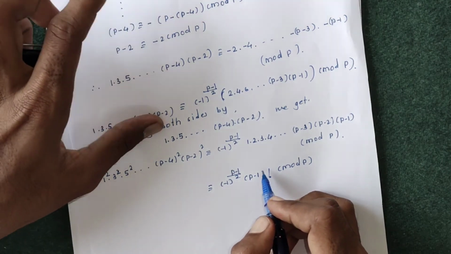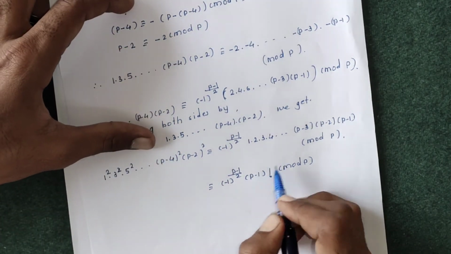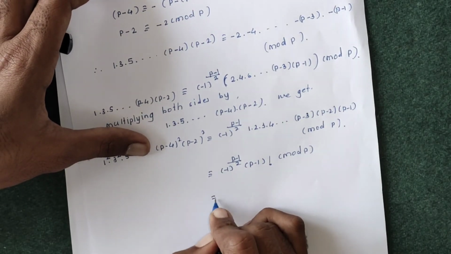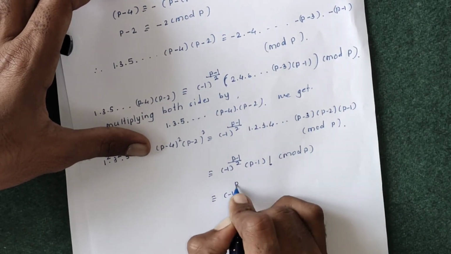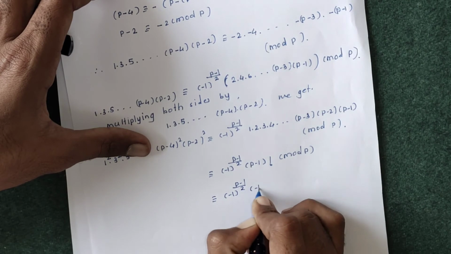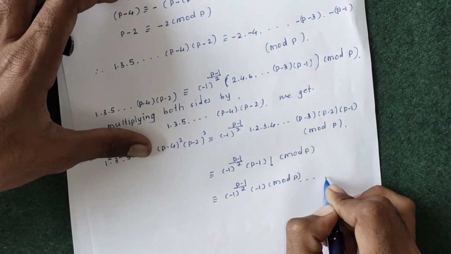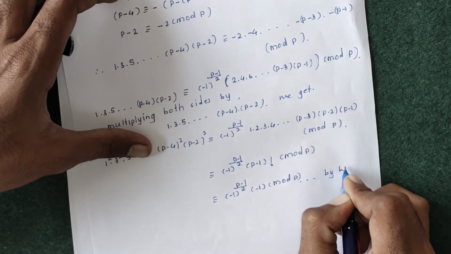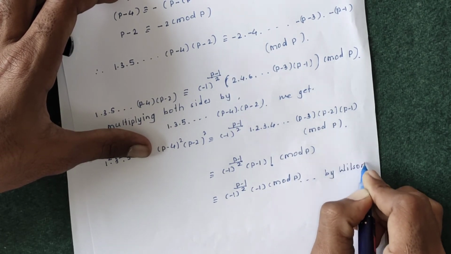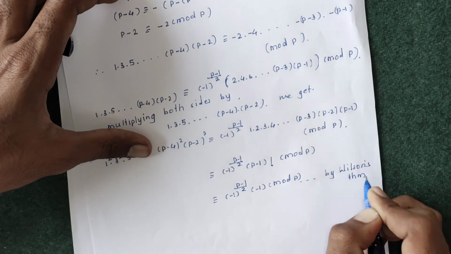By using Wilson's theorem we can say that (p minus 1) factorial is congruent to minus 1 mod p. So we can write (minus 1) raised to (p minus 1) by 2 into minus 1 under modulo p, by using Wilson's theorem.